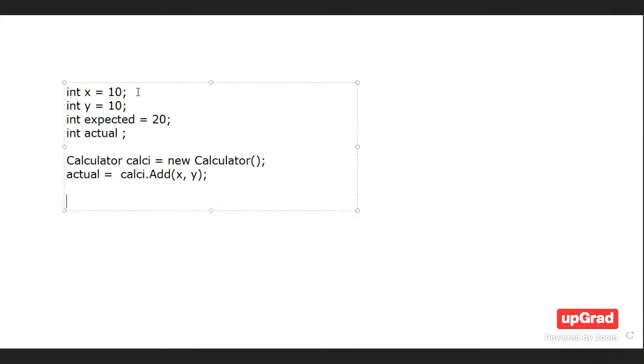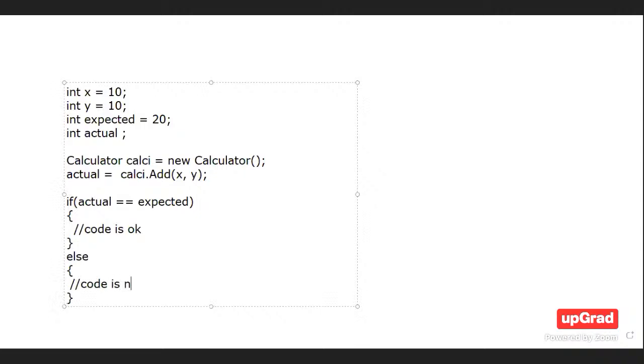And then I simply compare: if actual equals expected, I can put that the code is okay, else the code is not okay. I'm just putting it here.